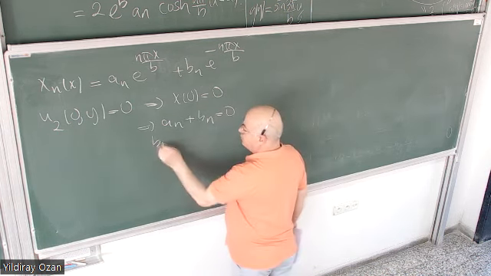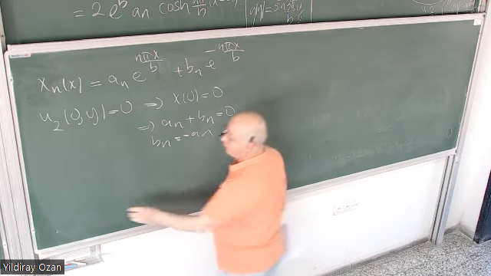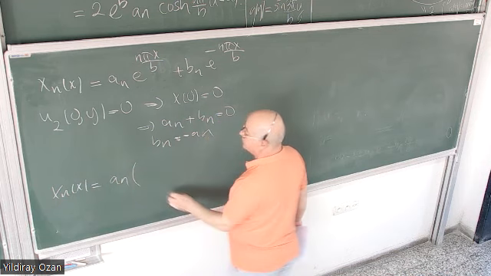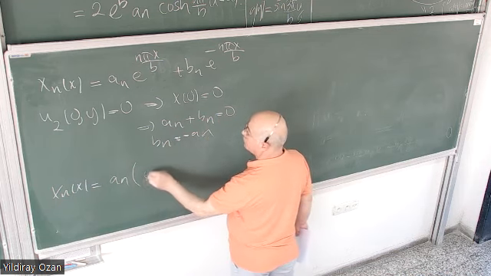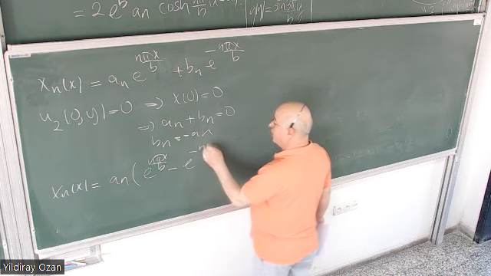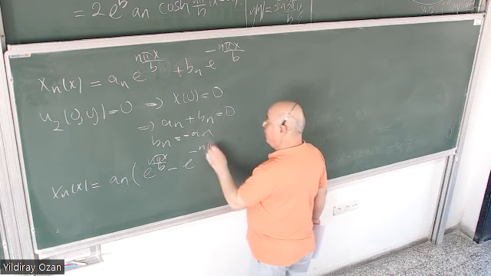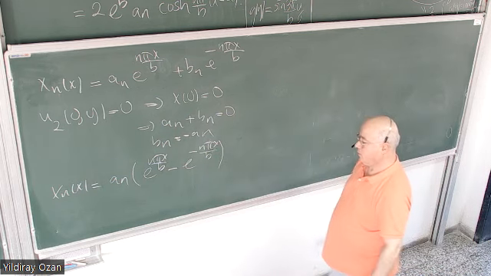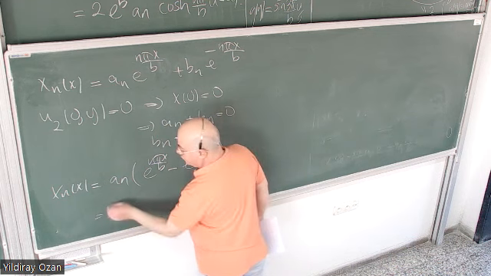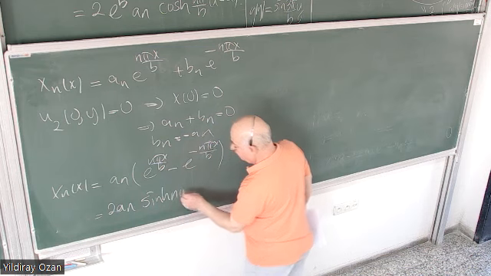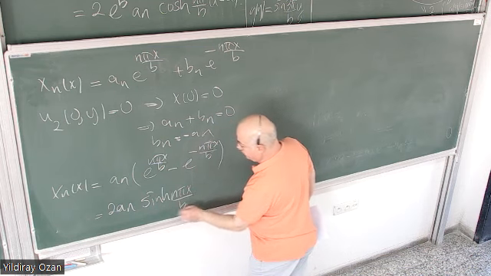Okay, so b_n is just minus a_n, therefore x_n(x) is just a_n times (e to the power n pi x over b minus e to the power minus n pi x over b). This is just 2a_n, this time sine hyperbolic n pi x over b.